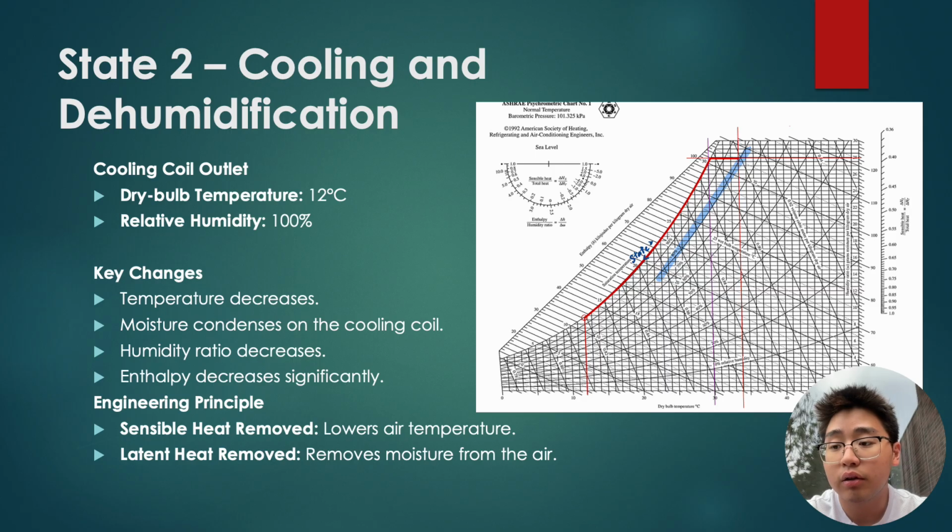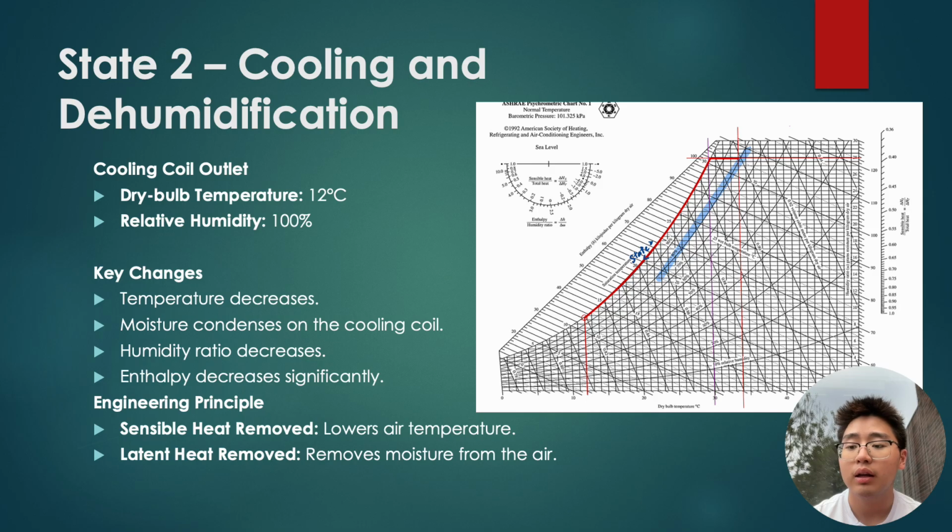At state 2, the outdoor air passes through the cooling coil and is cooled to 12 degrees Celsius at 100% relative humidity. As the air temperature decreases below its dew point temperature, water vapor condenses on the cooling coil surface. During this process, both sensible heat and latent heat are removed.